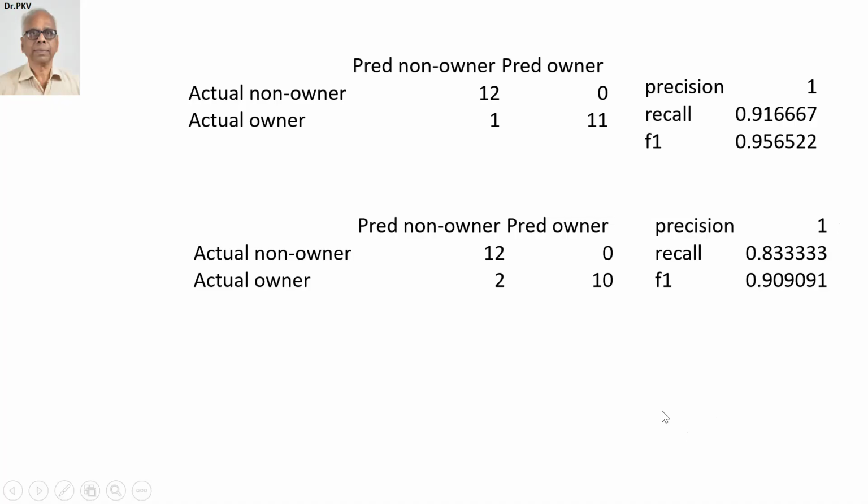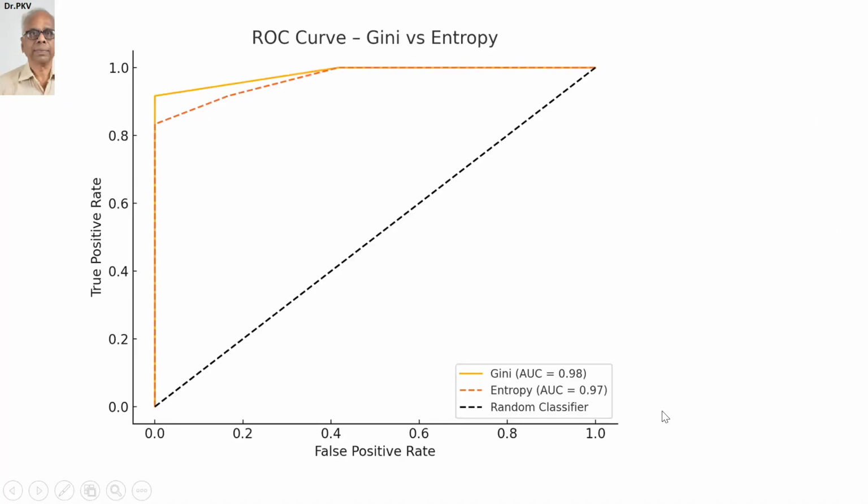Now, look at the last one, which is the ROC curve, which is very, very important. Now, the Gini calculation, the Gini color is here. The dotted ones are the color for entropy, and the random classifier is the divider.